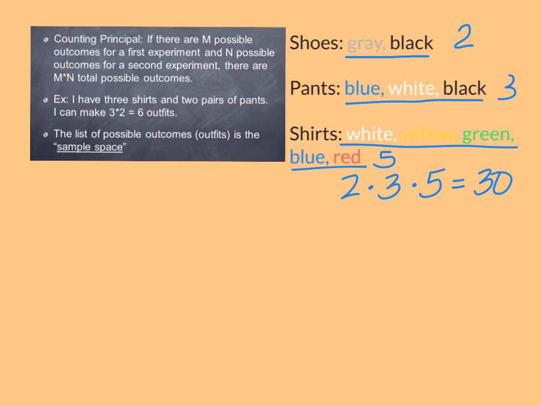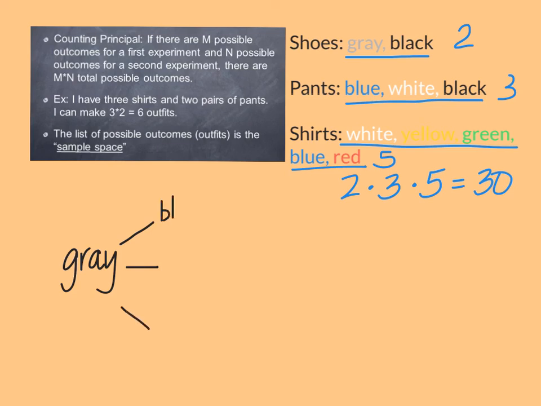If we wanted to actually see what each outfit would look like, we might use a tree diagram. I'm just going to start a tree diagram for you. So let's say we started with shoes, and I have picked gray shoes. Just with gray shoes, I know I have now 3 choices for what type of pants I'm going to choose.